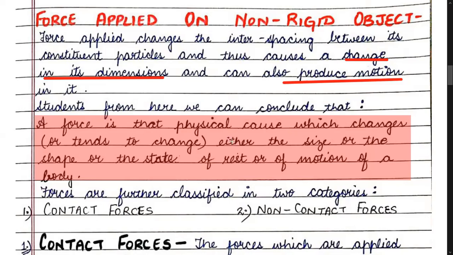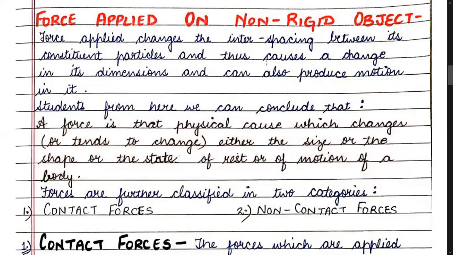So what can force do? Either it can change the size or the shape of the body, or it can bring the object in motion, or it can stop the moving object. So this is the effect of force.